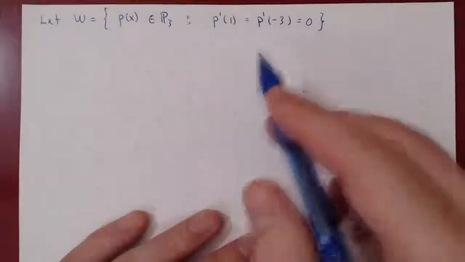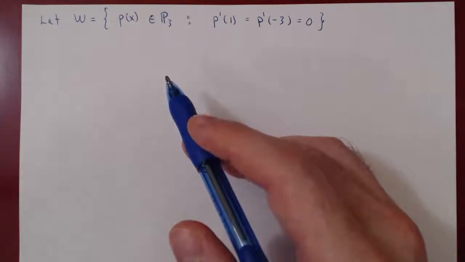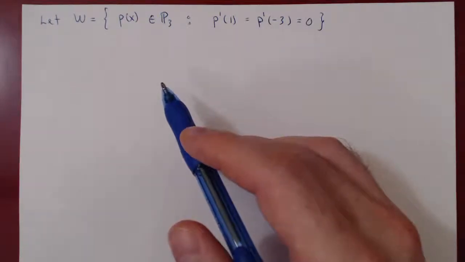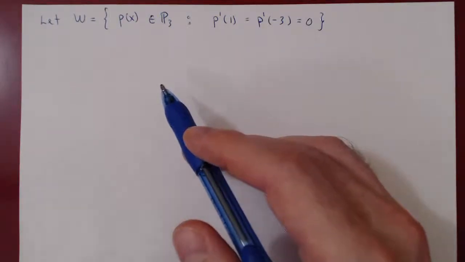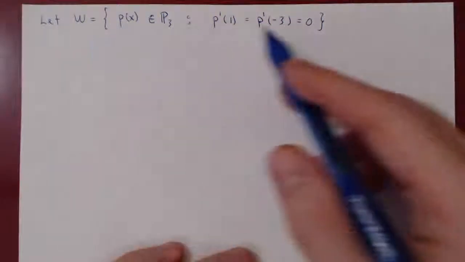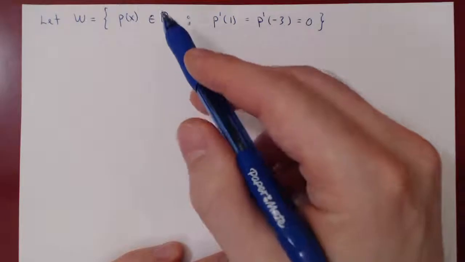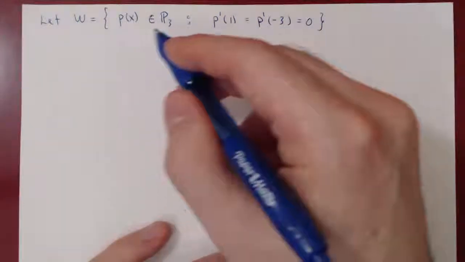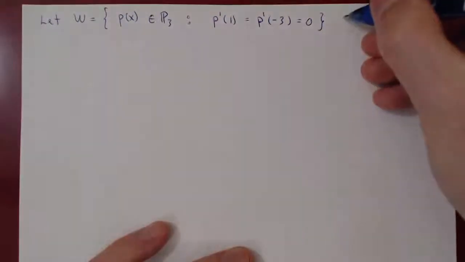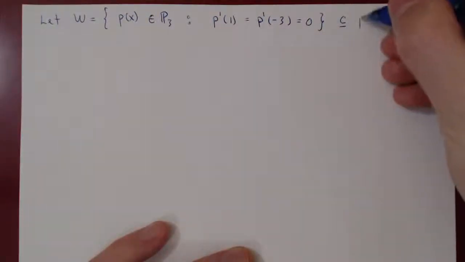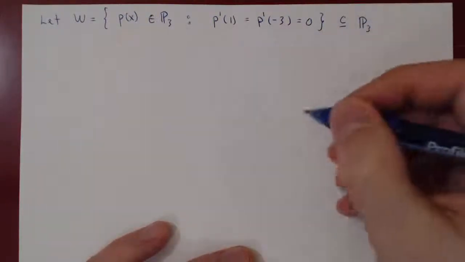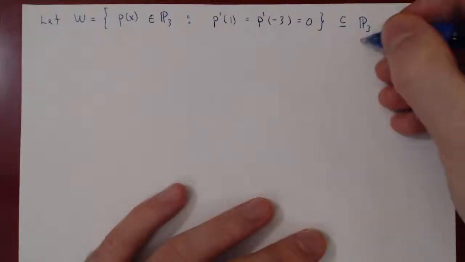As always, if we hope to decide whether or not what we have is a vector space, if possible, we want to show that this is a subset of a known vector space, where we know that Pn for any n is a vector space, and since we take polynomials in P3, what we have is a subset of P3. And we know that P3 is a vector space.